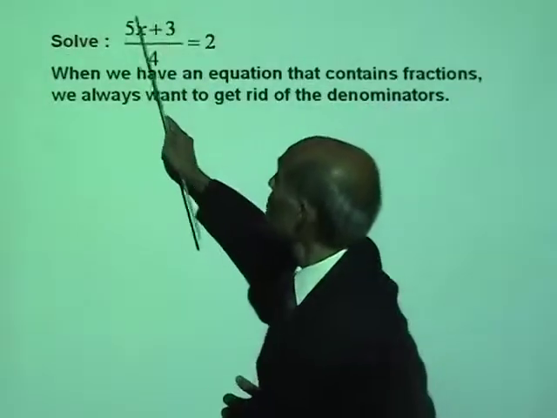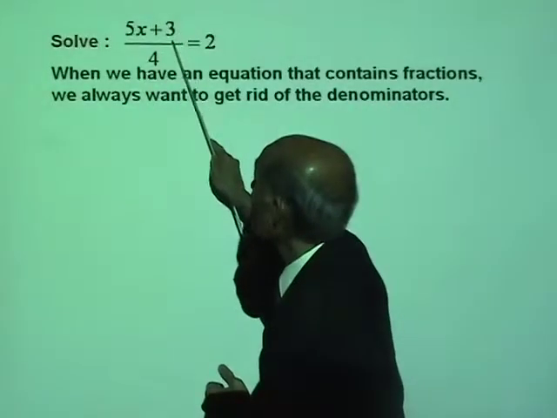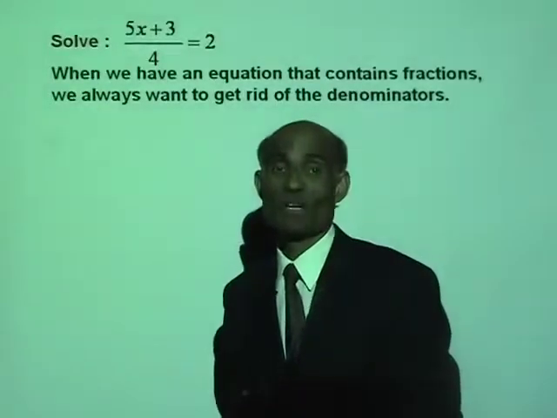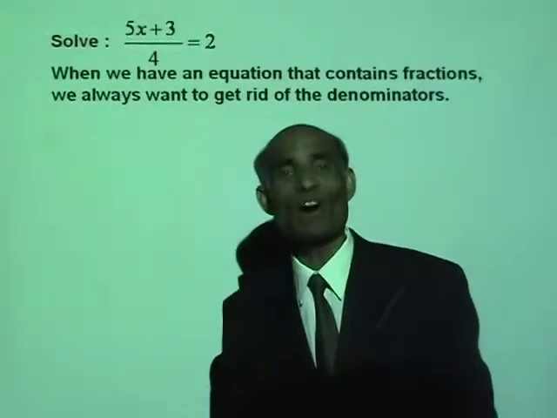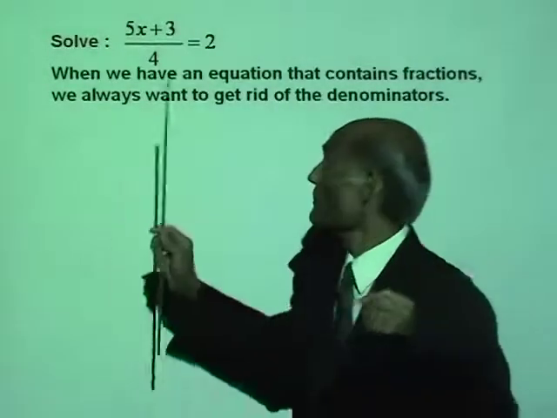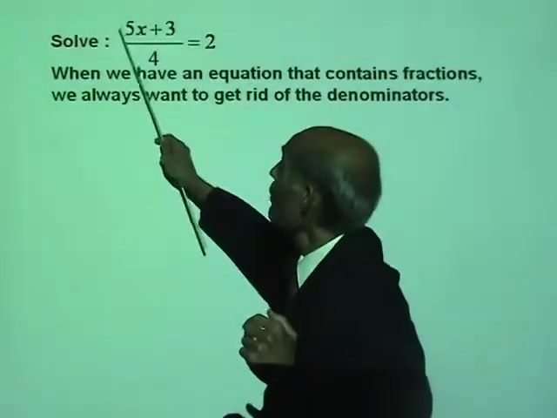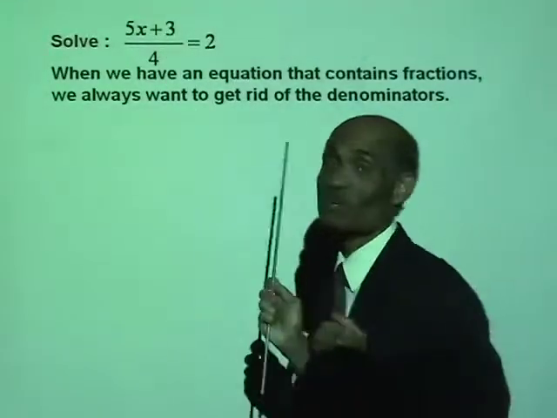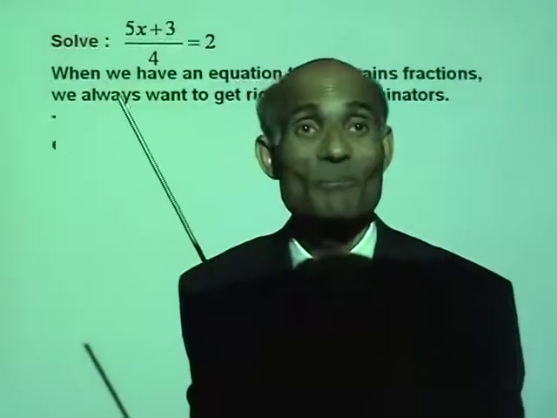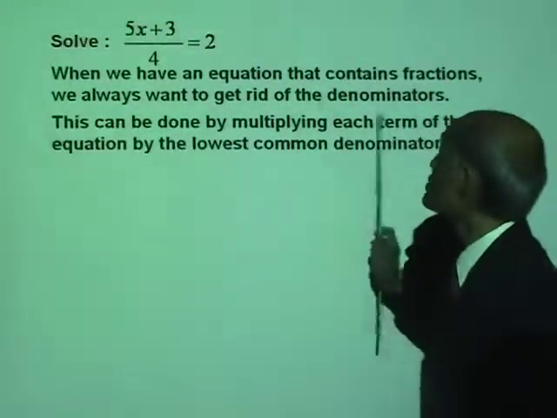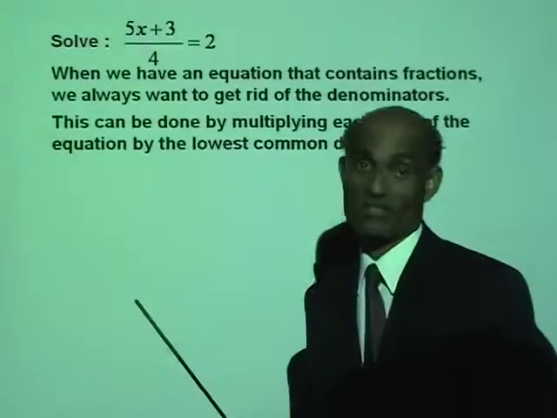You see, the numerator is 5x plus 3 and the denominator is 4. Now, how do we get rid of the denominator? All we need to do is multiply on the left side by 4 and also the right side by 4. So this can be done by multiplying each term of the equation.